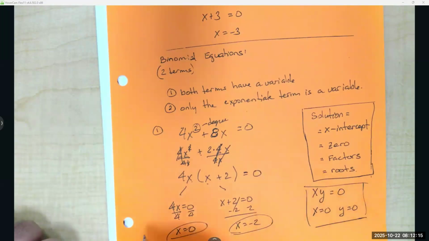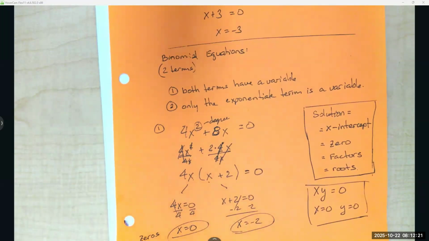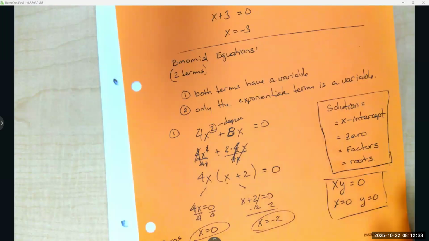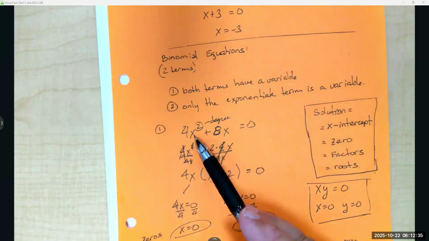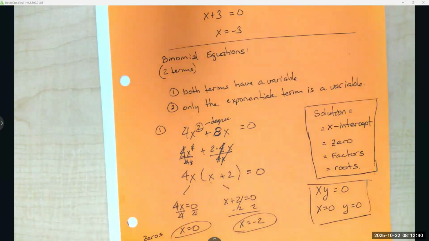In essence, these are what we really call zeros. Why are they called zeros? If we plug 0 back into the original equation, what is it going to equal? 0. If we plug in -2 back in the original equation, it'll equal 0. So that's why these are called zeros.